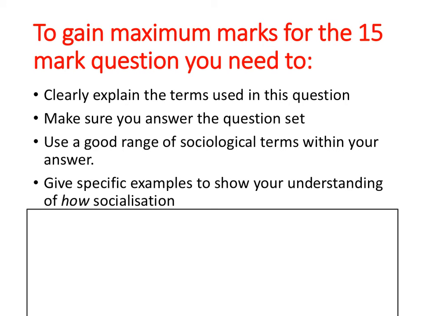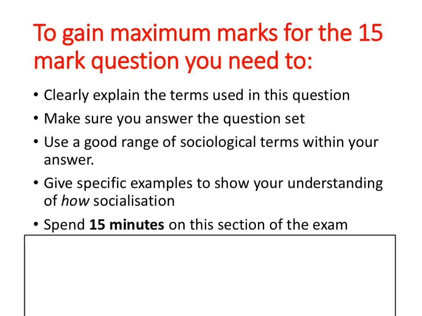So if the question is about how socialization happens, use examples to illustrate that process. If the question is about how social control is maintained, use specific examples. If the question is about how identities are formed, make sure that you use specific examples. And in terms of time management, spend about 15 minutes on this section of the exam.